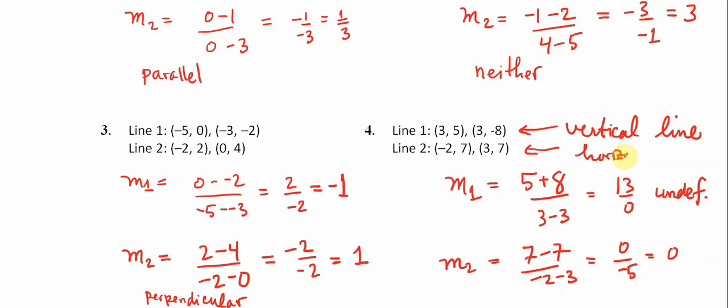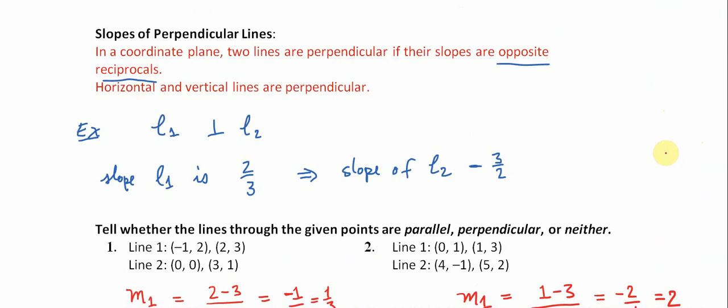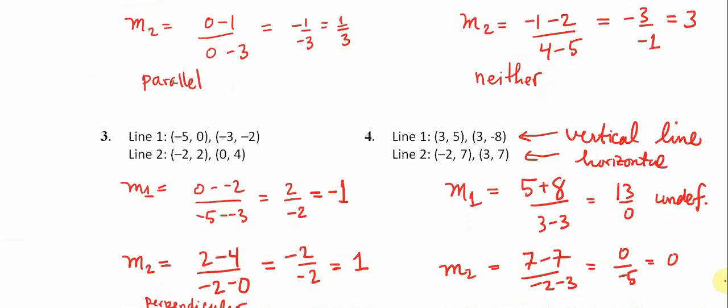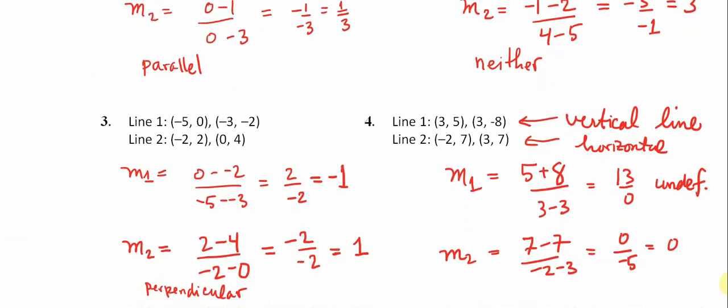And remember we said before, let's go back to the second part of the theorem on slopes of perpendicular lines. Horizontal and vertical lines are perpendicular to each other. Okay, so even though one of the lines has an undefined slope, we can still make a conclusion about how it's related to the other line, namely that these two lines have to be perpendicular because one of them is vertical and the other is horizontal.